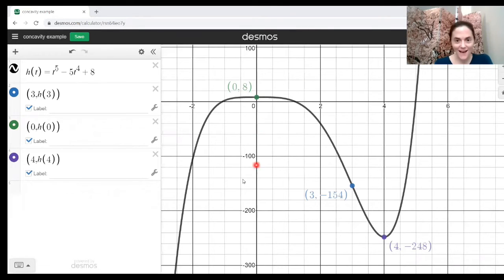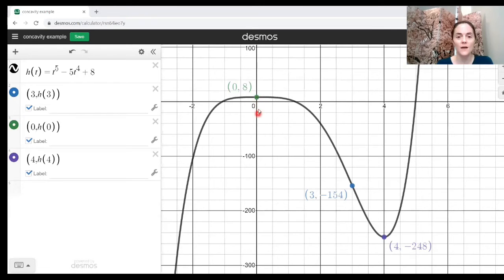Okay, if I look at what we just calculated, we saw it was increasing from minus infinity to 0, and then increasing again from 4 to infinity. We saw it was decreasing from 0 to 4, right? And I mentioned in a little side work that we had a local max at x equals 0.